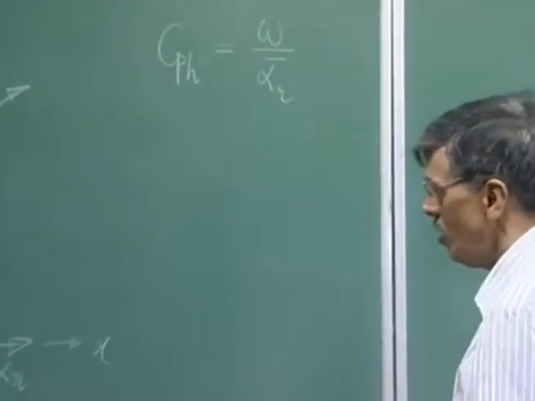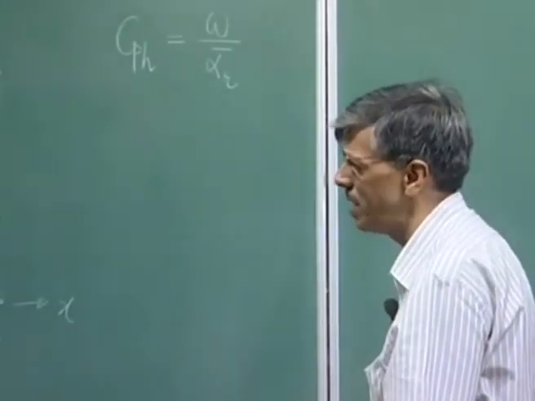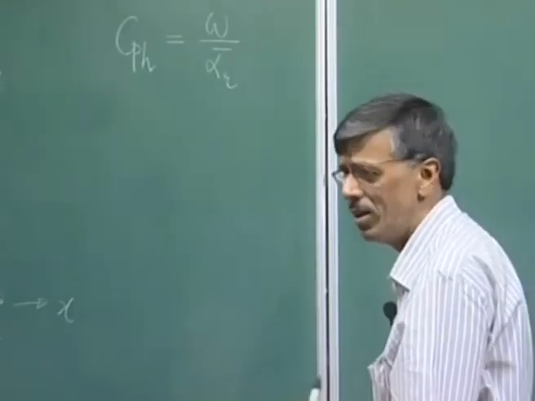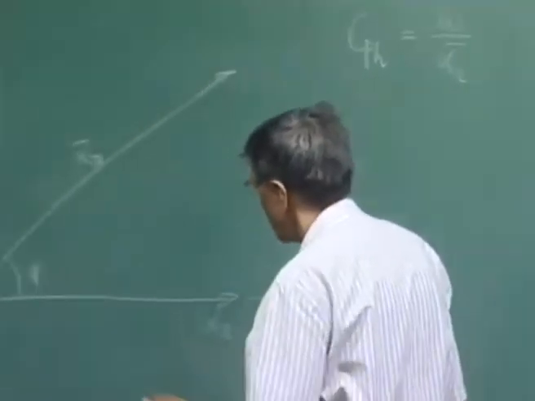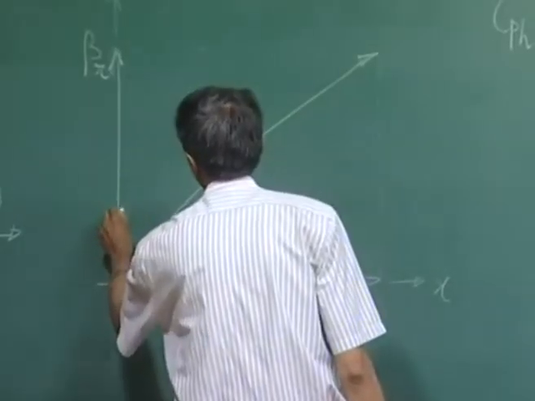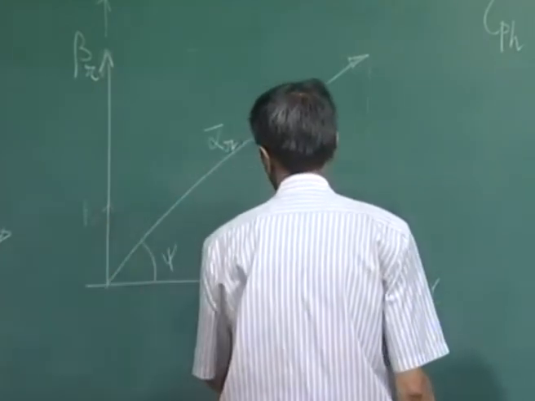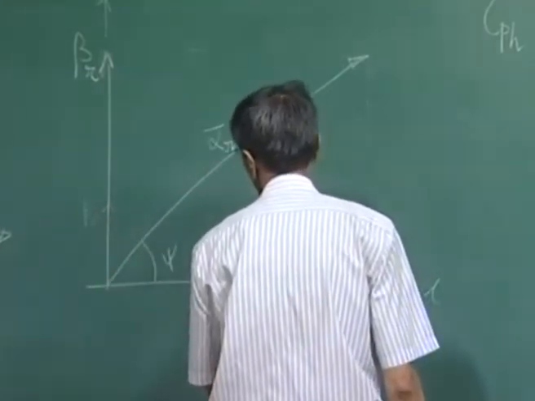Now, you have also seen the disturbance will grow or decay depending on alpha i and beta i. So, I could define, say, beta i along this axis, and alpha i along this axis.